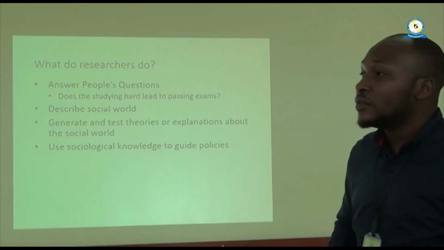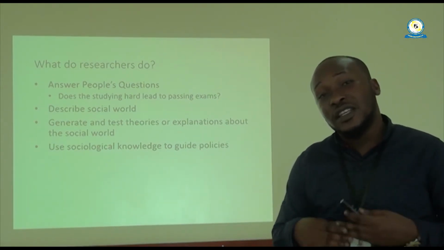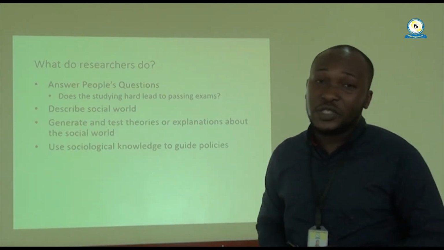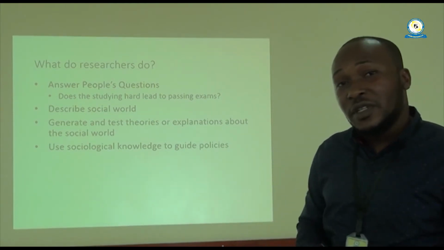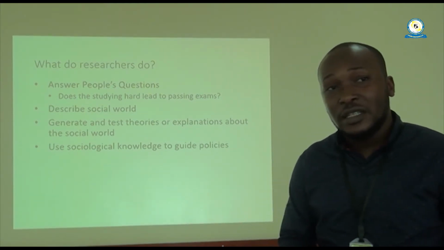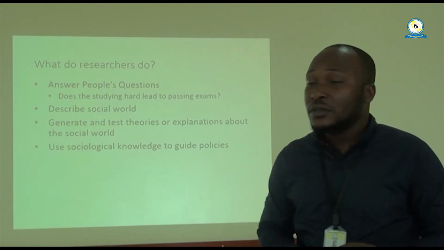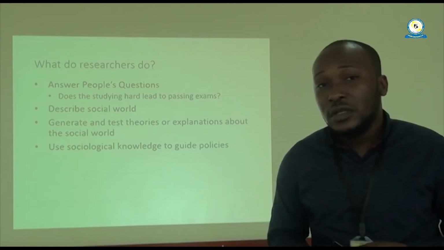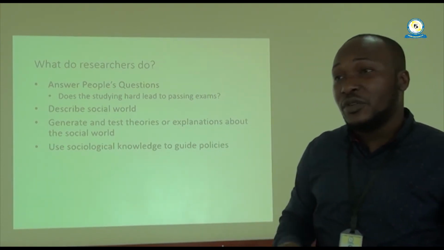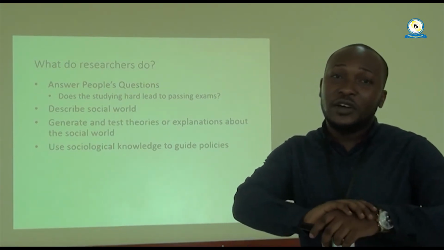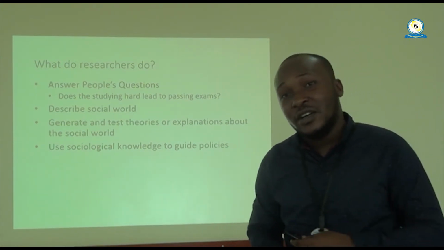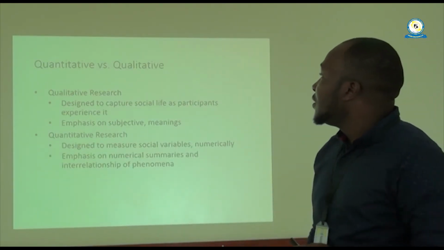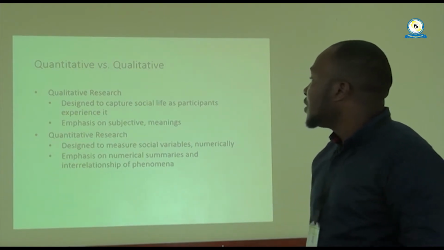You've done research on microcredit, and after finding out that microcredit really helps small-scale farmers, you go to the government, present your study, and advise them to consider microcredit and change the policy. The policy is then changed by the Ministry of Agriculture, whereby farmers are organized in groups and can access microcredit.